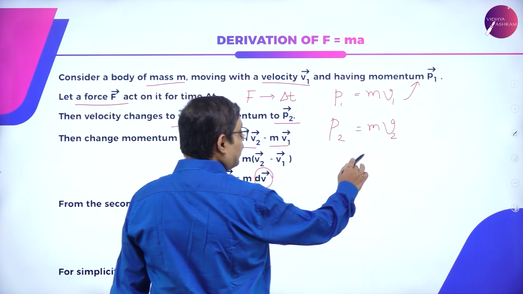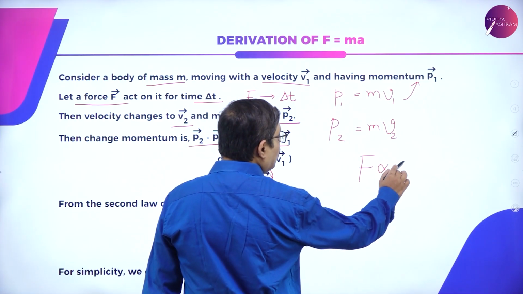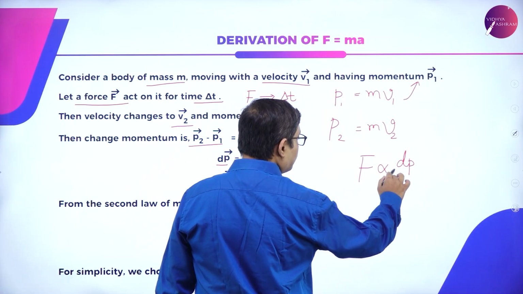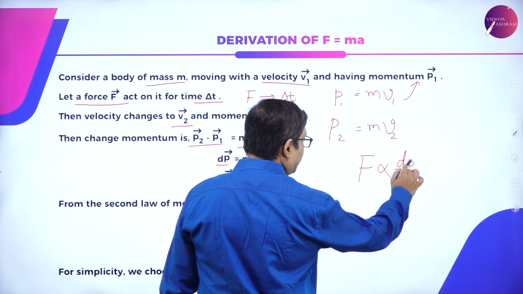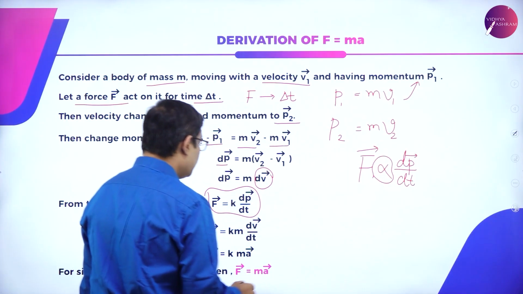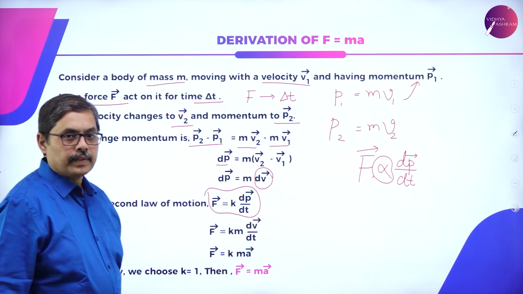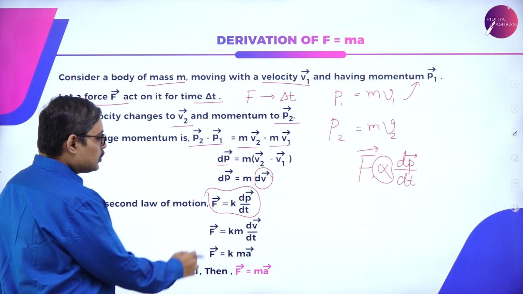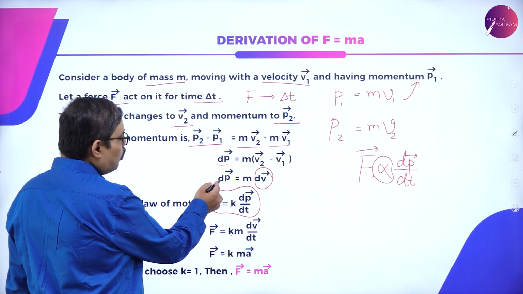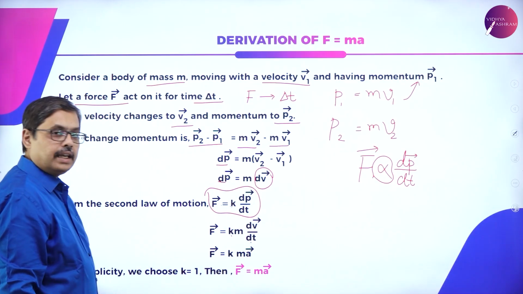Please remember, the second law of motion says that force is proportional to the rate of change of momentum with respect to time, dp by dt. So instead of using a proportionality symbol, we have equated it with the help of a constant k. Okay. So F is equal to k into, what do we have for dp? m into dv by dt.